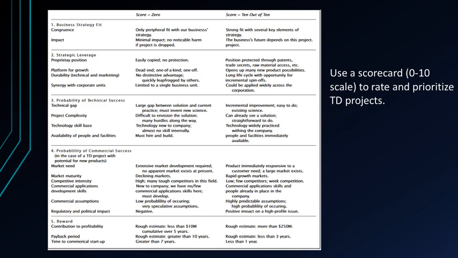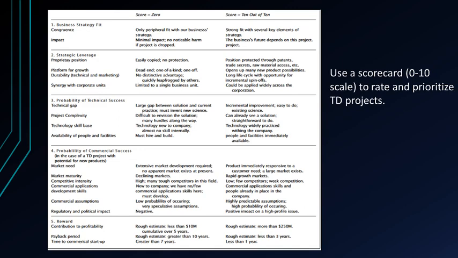The fourth score, probability of commercial success, in the case of a TD project with potential for new products. Market need, market maturity, competitive intensity, commercial applications, development skills, commercial assumptions, regulatory and political impact.